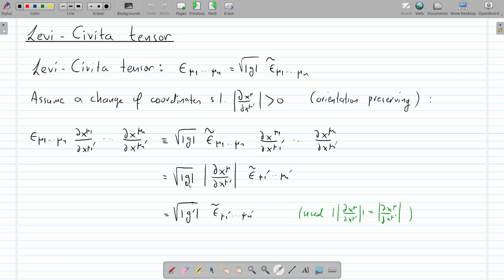But as we have seen, the square root of G times the Jacobian gives us the value of square root of G prime in the new coordinate system up to a sign. So for this to be a tensor, we have to consider coordinate transformations that are, as we say, orientation preserving, and their Jacobian is positive.